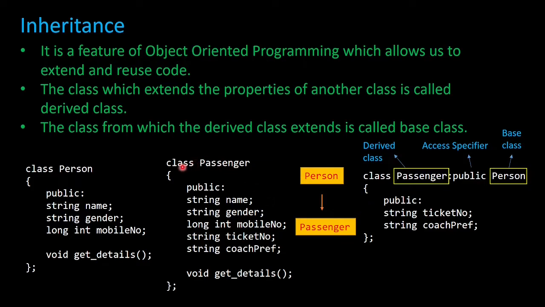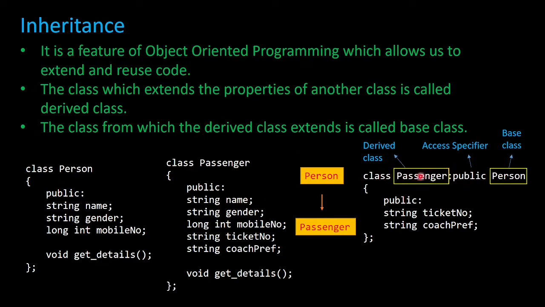You can see the representation of how inheritance is written in code: class passenger, a colon, then the access specifier public here, and the base class which is person. So this whole code is equivalent to this. You can see the code has shortened.